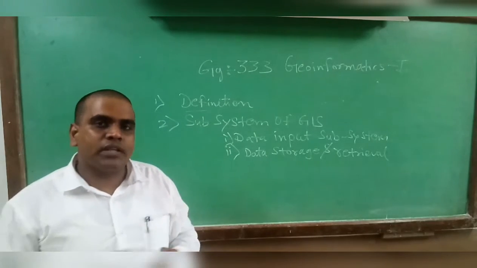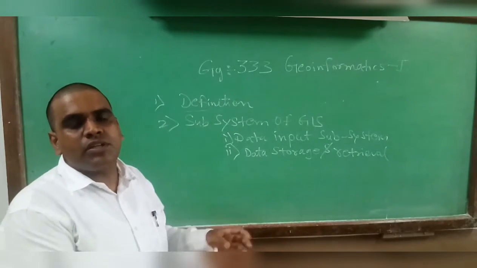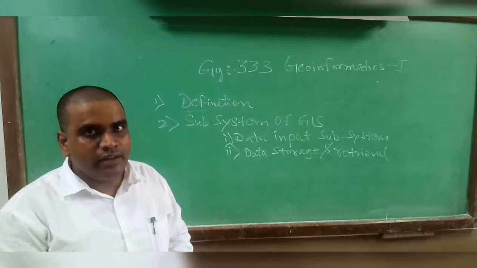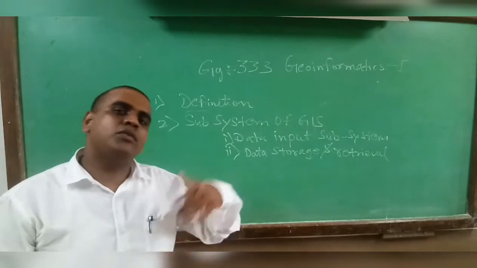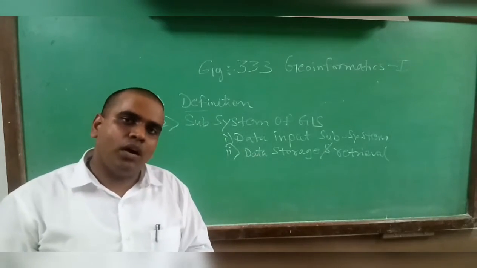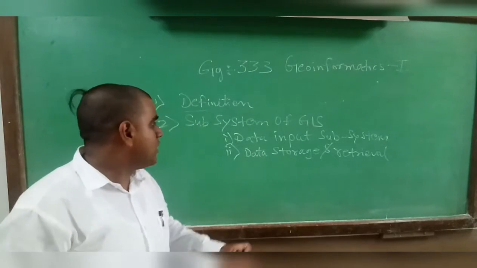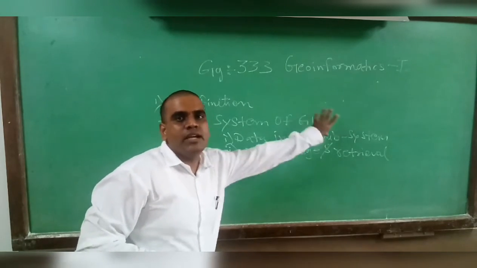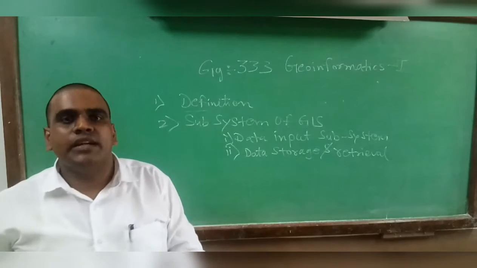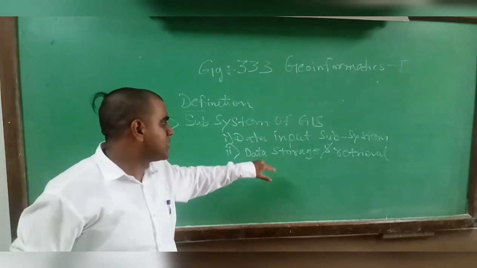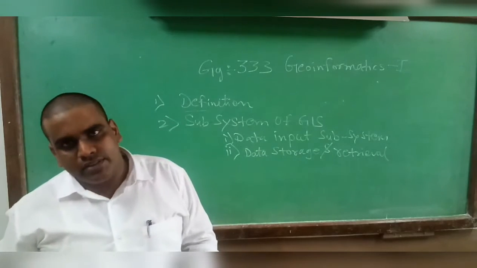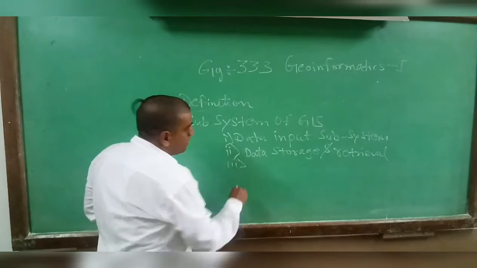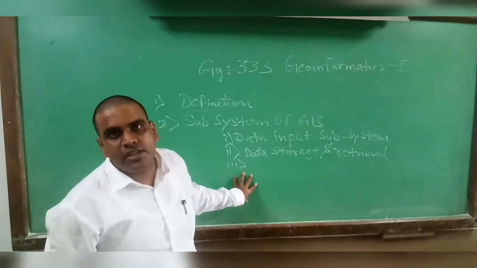In this, whatever data we have already input into the system is stored in the hardware or hard disk, and when there is a need for that data while doing further processing, we are able to retrieve it. So another important aspect of GIS is that it provides data storage as well as retrieves the data when there is a need. So, the data input subsystem and the data storage and retrieval subsystem. The other subsystem is the data manipulation and analysis subsystem.